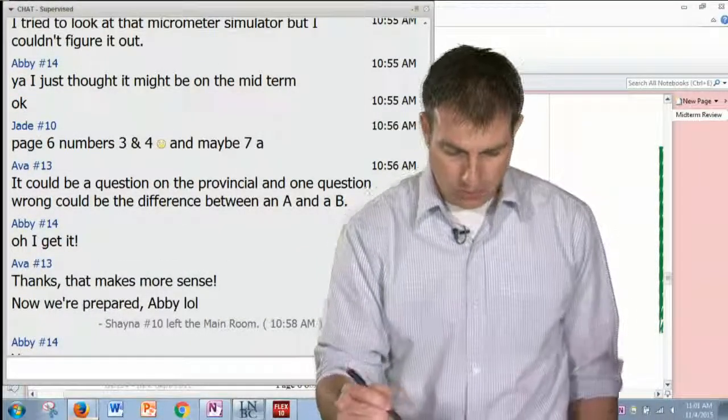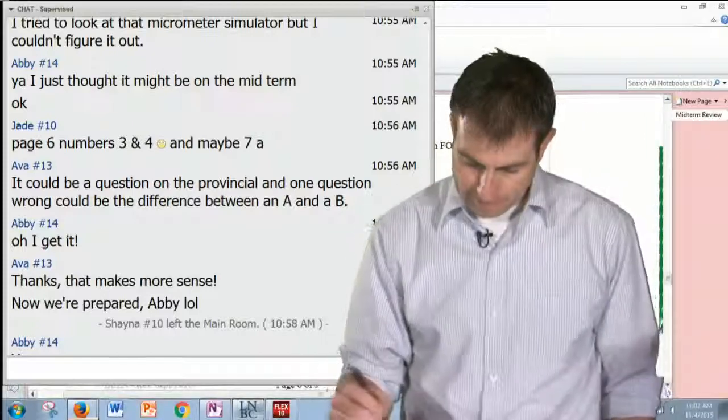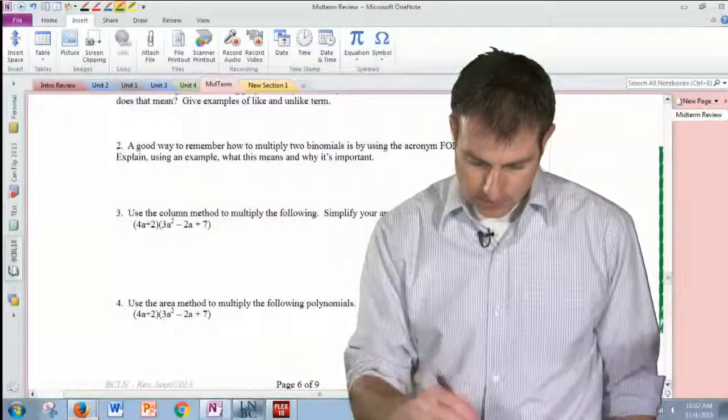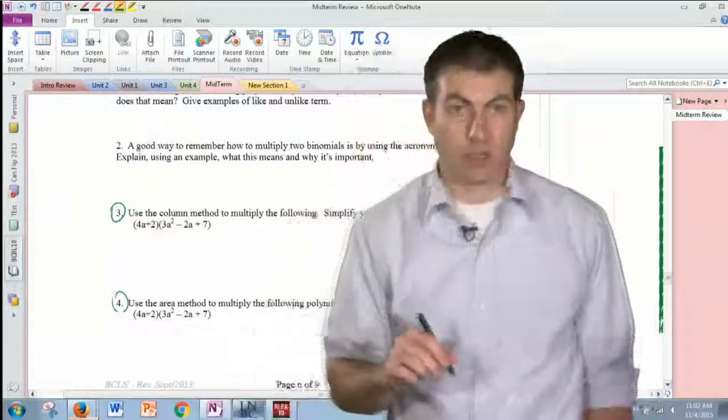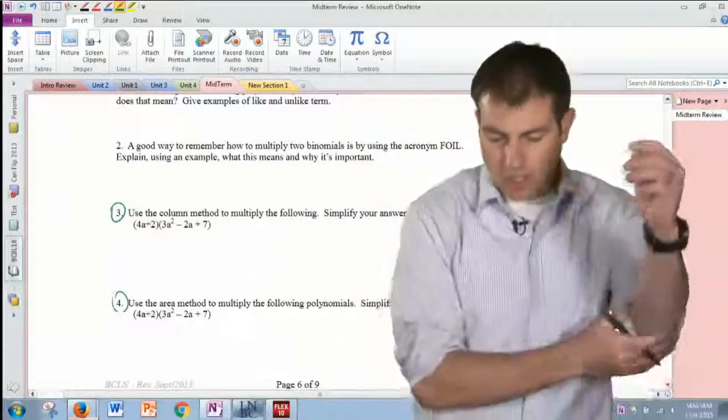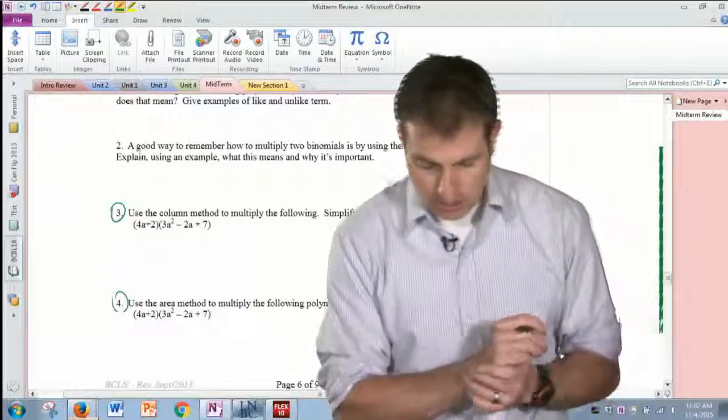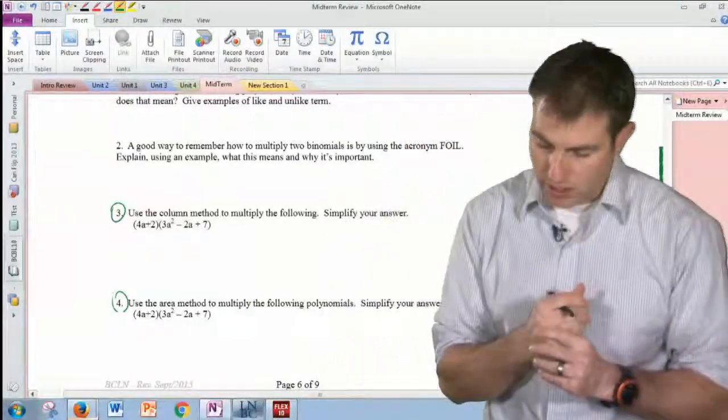Page 6, numbers 3, 4. And then 7a, I assume that's on the following page. Okay. So these are asking for the column method and using the area method.